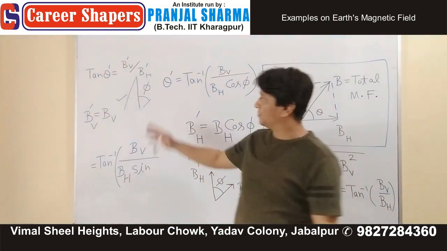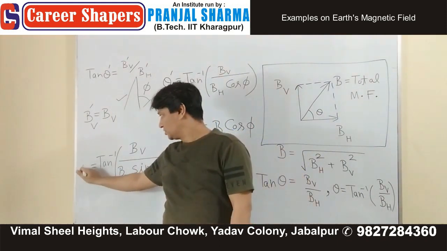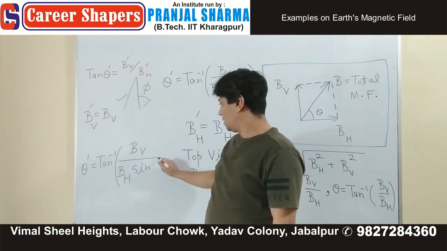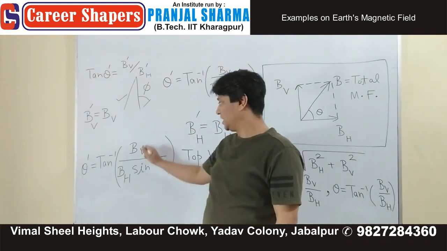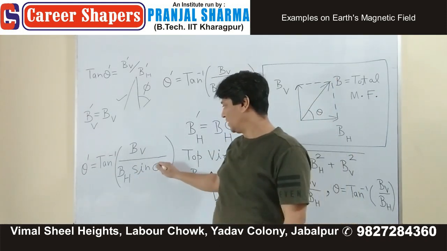Phi we have used for the angle between the planes. So your theta dash in one of the options was BV upon BH, and instead of cos phi they gave us sin phi.